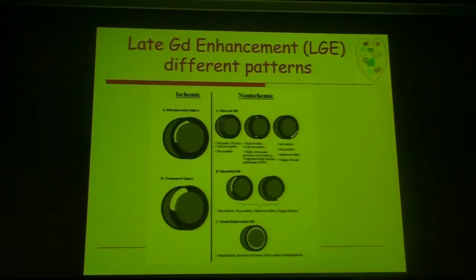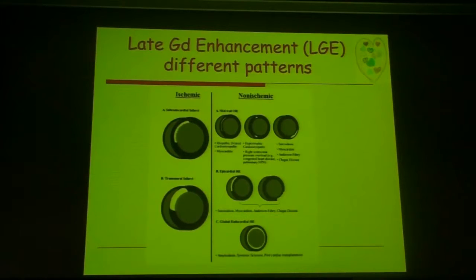And again, it has a lot of clinical implications, whether my patient does have an ischemic cardiomyopathy or a non-ischemic cardiomyopathy. As mentioned by the previous speaker, the major point when we're trying to assess for ischemic pathology is the presence of subendocardial involvement.